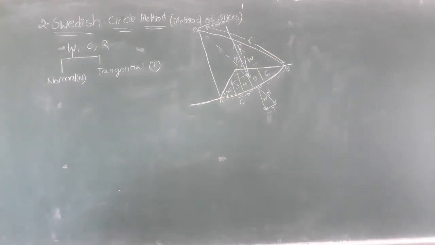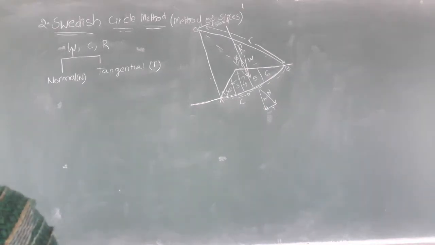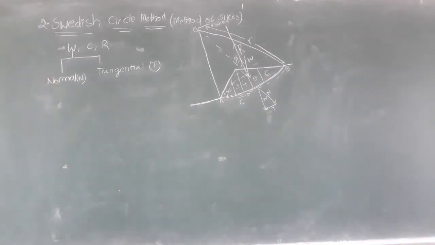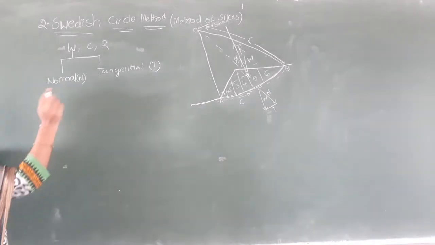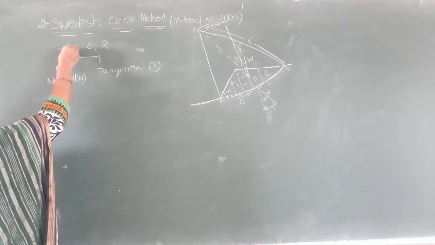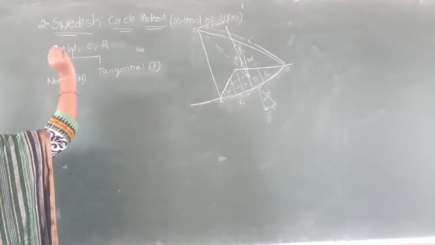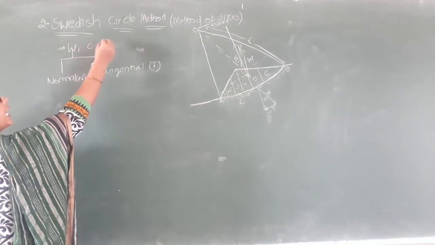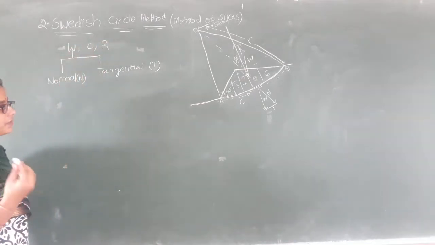So let us write the equation for moments of W, C and R. Students, among these three forces, W is the causing force or driving force or actuating force, and C and R are the resisting forces.